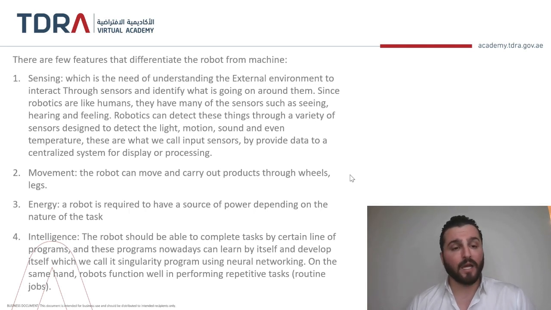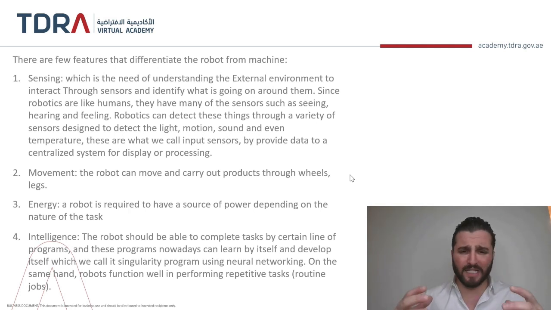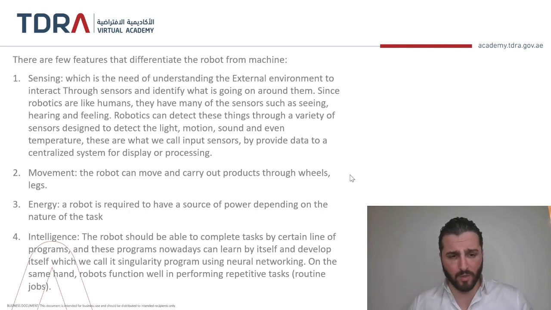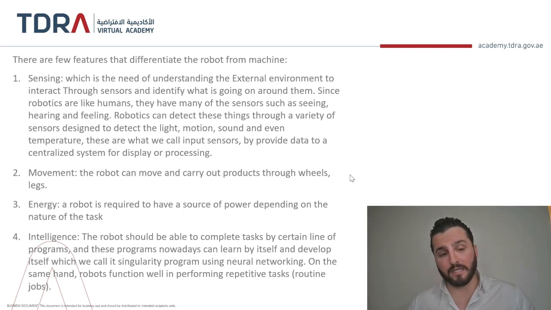As for movement, we are in a revolutionary phase of building the movement of such robots, either by having wheels for the robot or real built legs with a special kind of technology. For sure we need a source of energy for our robot in order to move and to be able to implement any kind of task.